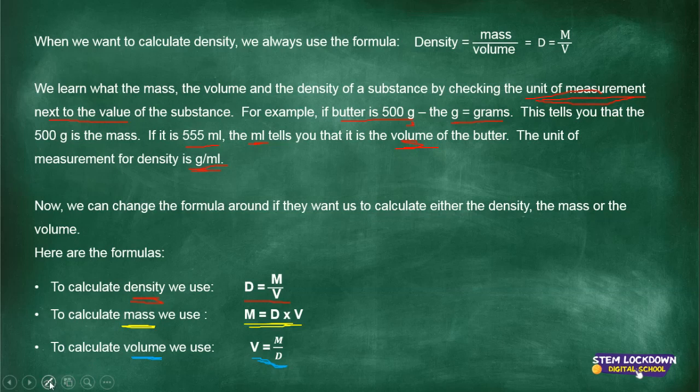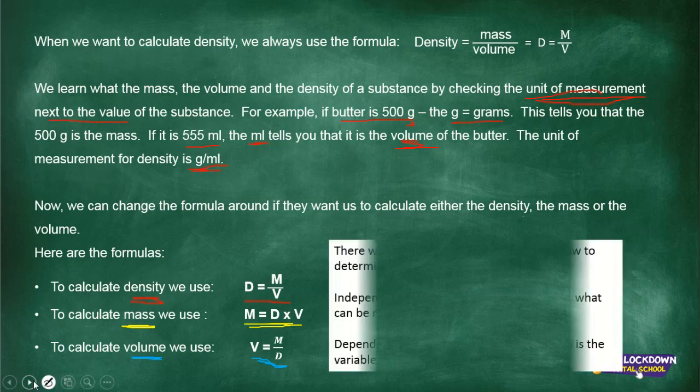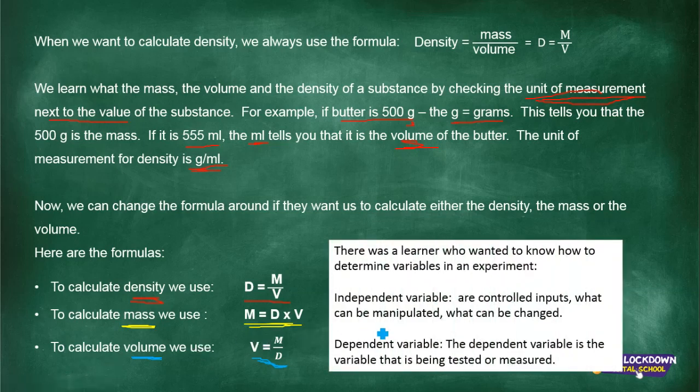Okay, so there was also a learner that wanted to ask me how do we know what the independent variables and the dependent variables are. An independent variable is the controlled input.